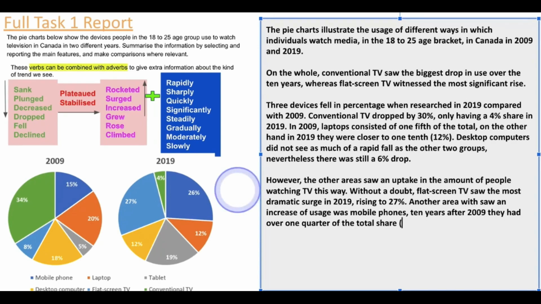And let's do another bracket, 26%. Okay, and so sometimes we're not saying the original percentage, but we're saying the difference or the later percentage, so we're not reporting on everything.